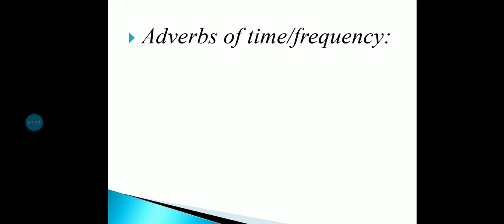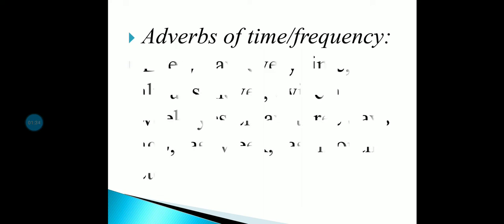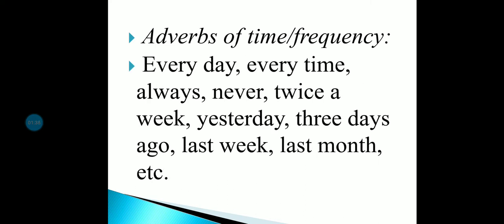You don't need to use adverbs of time or adverbs of frequency, such as every day, every time, always, never, twice a week, yesterday, 3 days ago, last week, last month, last decade, etc. Just to put actions or activities or events in appropriate time references of present tense or past tense all the time. Yeah, you don't have to use them all the time.